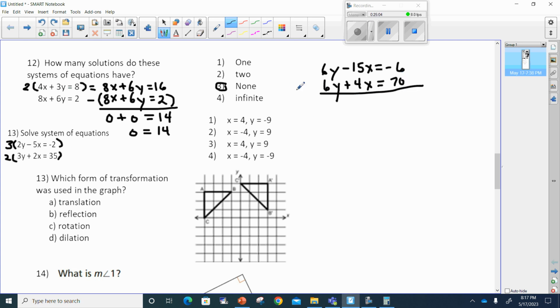Now I can combine these by subtracting. 6y minus 6y is 0, so I got rid of my y's. Negative 15 plus 4 is going to be negative 11x.